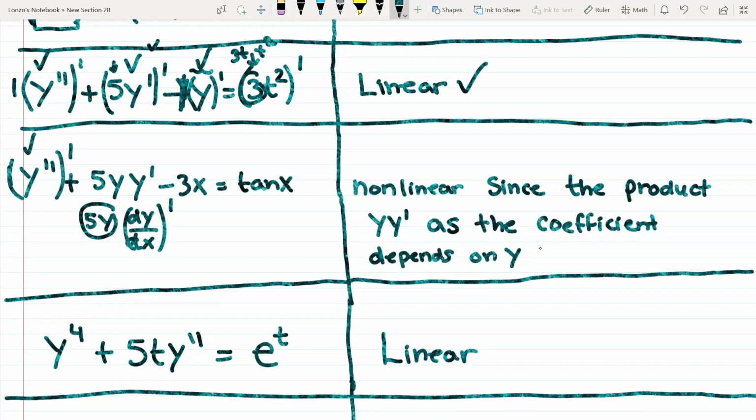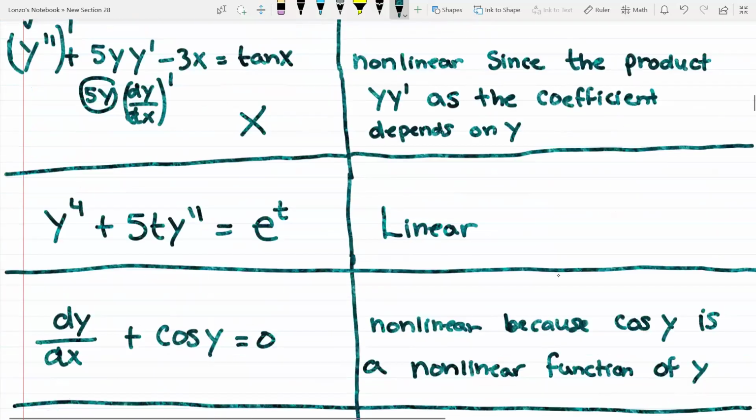So that's why this is nonlinear, because this coefficient 5y has the same letter as the top. So that's a big no.